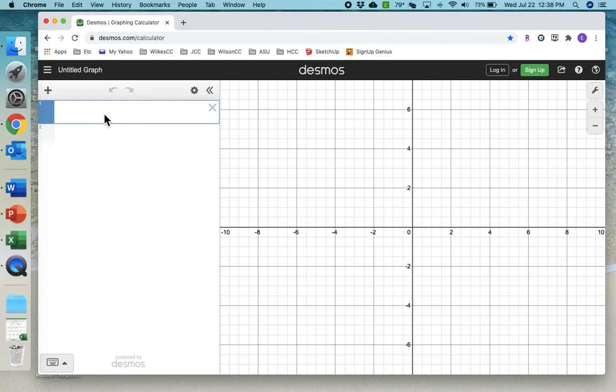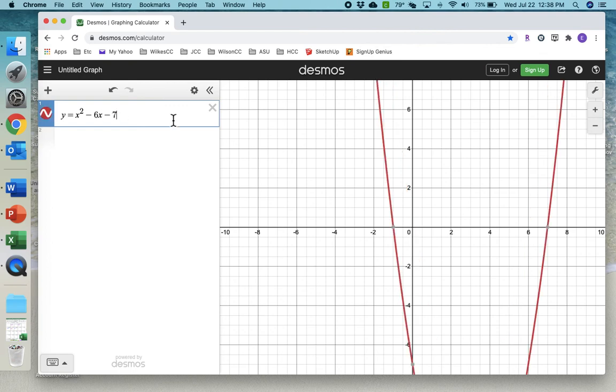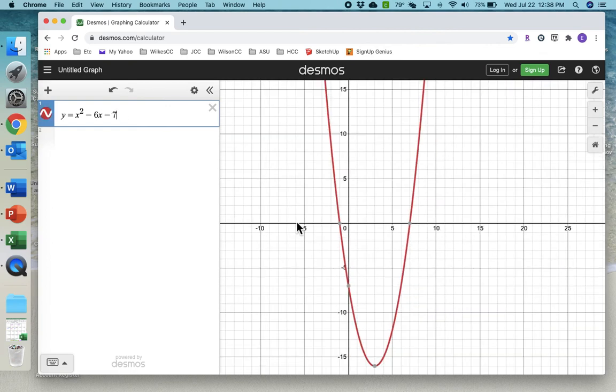And so I could graph this on here, y equals x squared. You use the little hat above the 6. So shift 6 and then 2, minus 6x minus 7. And so there is the graph that we graphed in example 1.